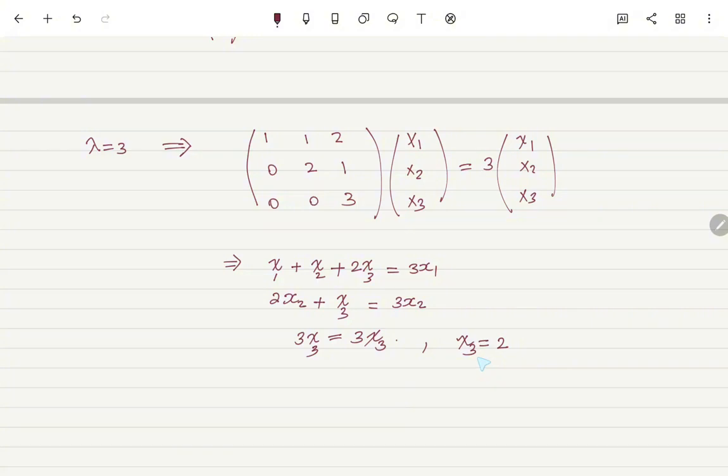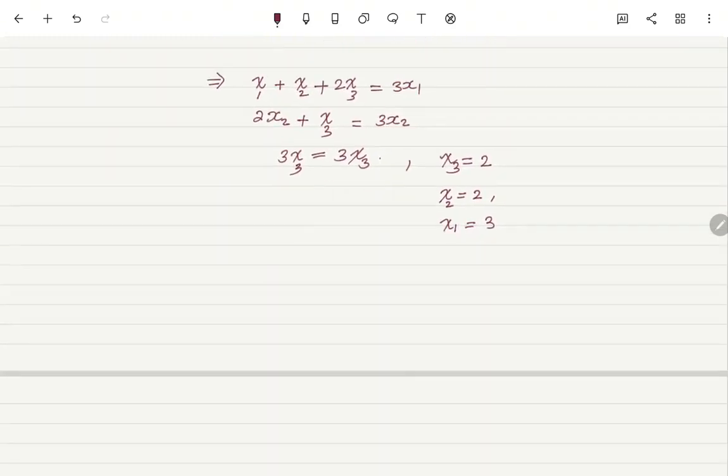Upon choosing x3 equal to 2 and substituting back in these two equations, we will get x2 equal to 2 and x1 will be equal to 3. Therefore, the eigenvector for lambda equal to 3 is 3, 2, 2.